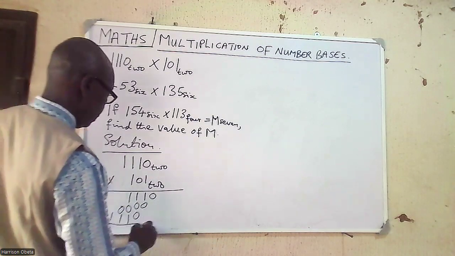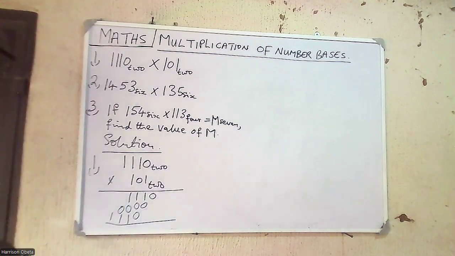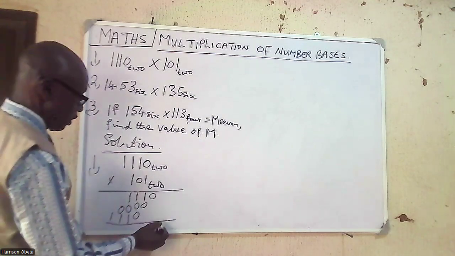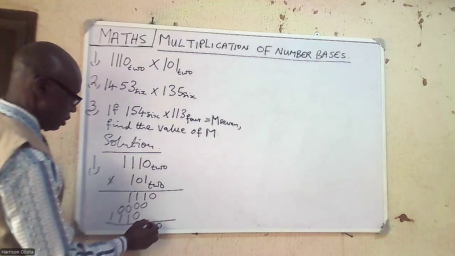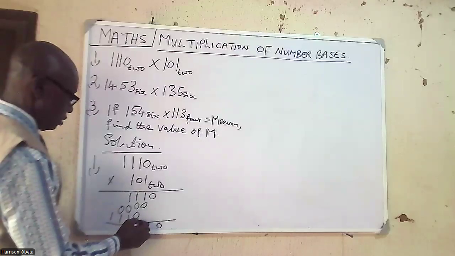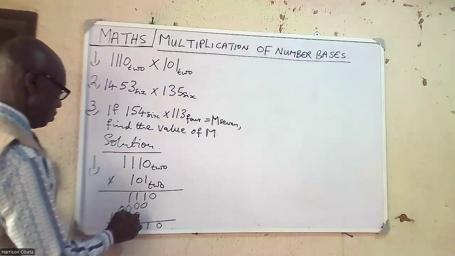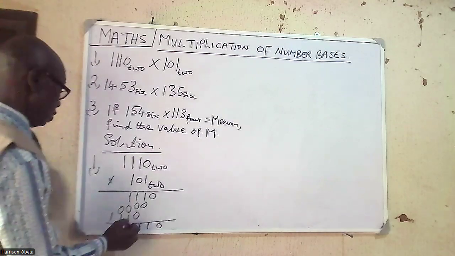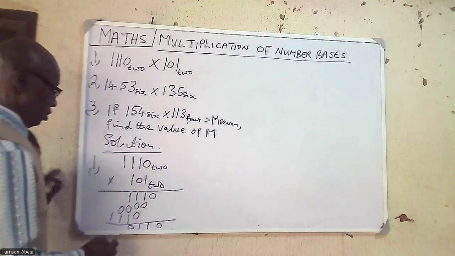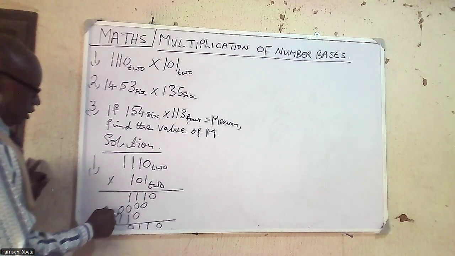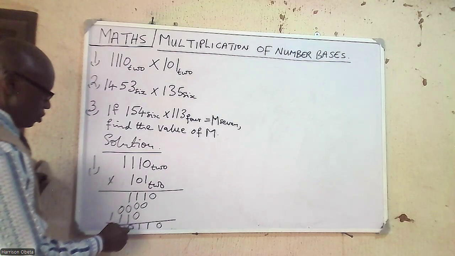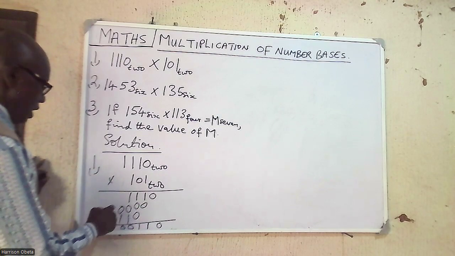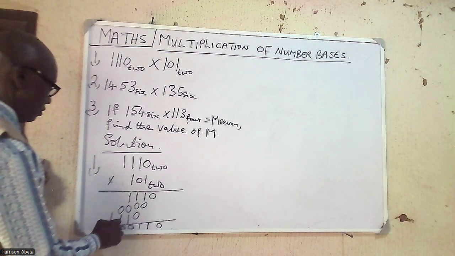So we add. And in adding, we bring down 0 here. This is 1. This is 1. But this is 2. We can't write 2 in base 2. So that should be 0. Then carry 1 to this. That's another 0. Carry 1 to this. That's another 0. And then finally we have this.